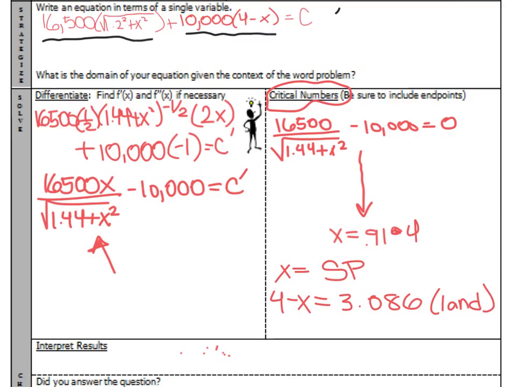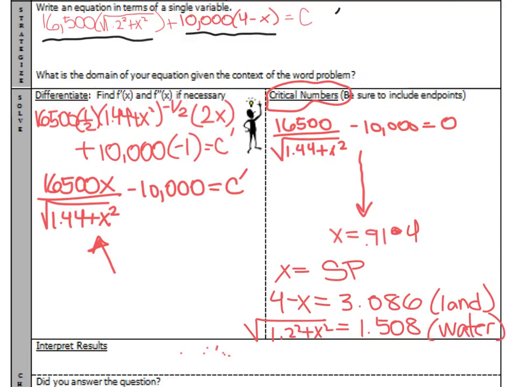And then if I were to substitute x into the hypotenuse, the square root of 1.2 squared plus x squared, I would end up with 1.508 as far as the amount of cable laid underwater.